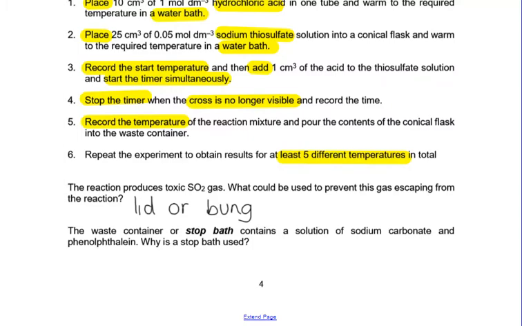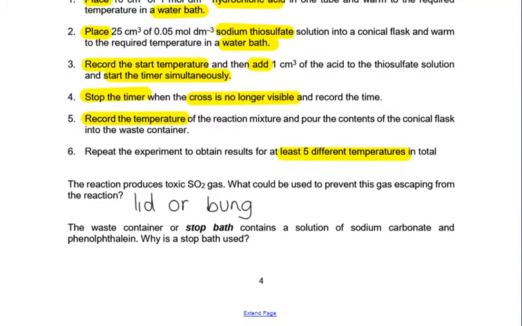We're going to use a waste container or a stop bath, and that stop bath is going to contain some sodium carbonate, which we know neutralises acids, and some phenolphthalein, which is an indicator that's going to tell us when all our stop bath has been used up, so we can't carry on neutralising acid, all our sodium carbonate has gone.